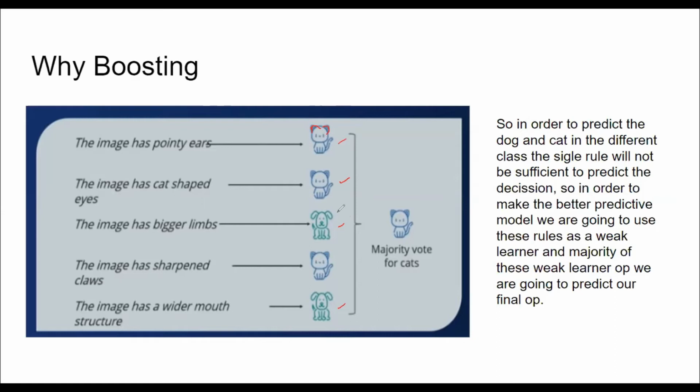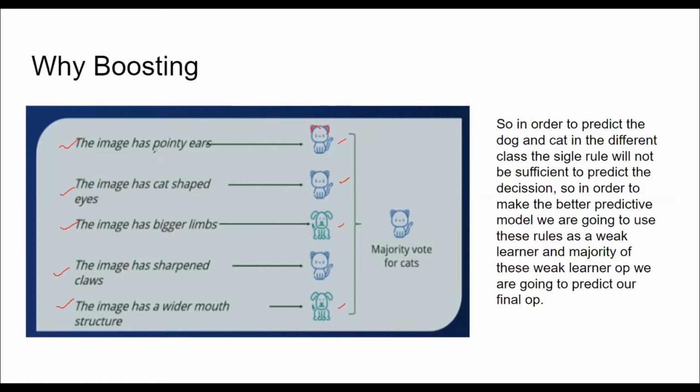So what are we going to discuss here? Each rule we had defined, we are going to pick as a base learner, or you can say weak learner. Based on these base learner or weak learner outputs, we are going to identify whether it's a dog or cat.